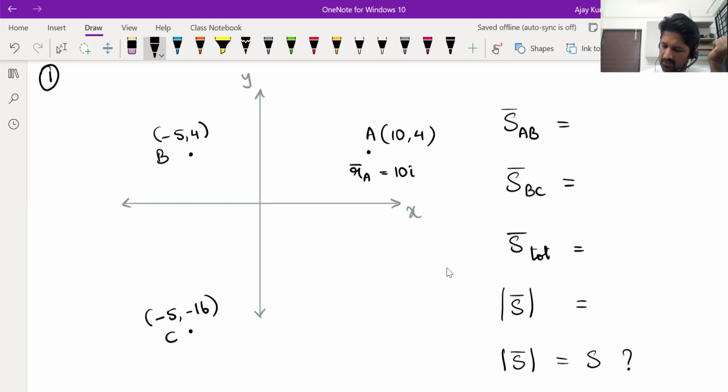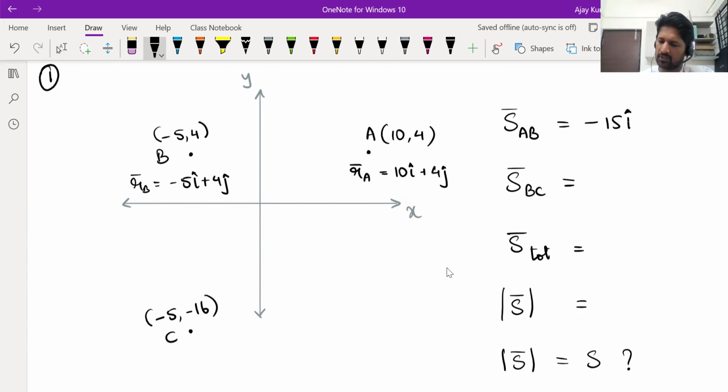Position vector of A is 10 i cap plus 4 j cap, and position of B is minus 5 i cap plus 4 j cap. So when an object goes from A to B, B becomes the final position, A is the initial position. If you subtract them, minus 5 i cap minus 10 i cap becomes minus 15 i cap.